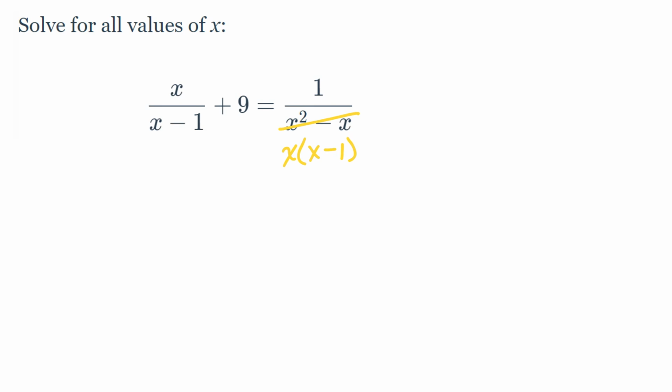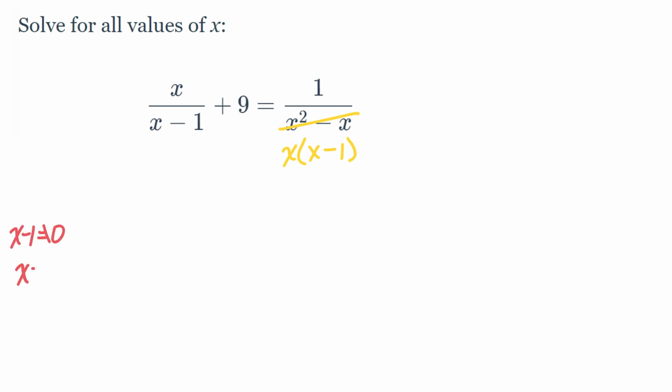All right, so here we go. We see that I've already factored out the x. We had x squared minus x, so obviously we can factor out an x. We have 2 denominators, and we need to make sure that these denominators don't become 0. So what causes x minus 1 to become 0?